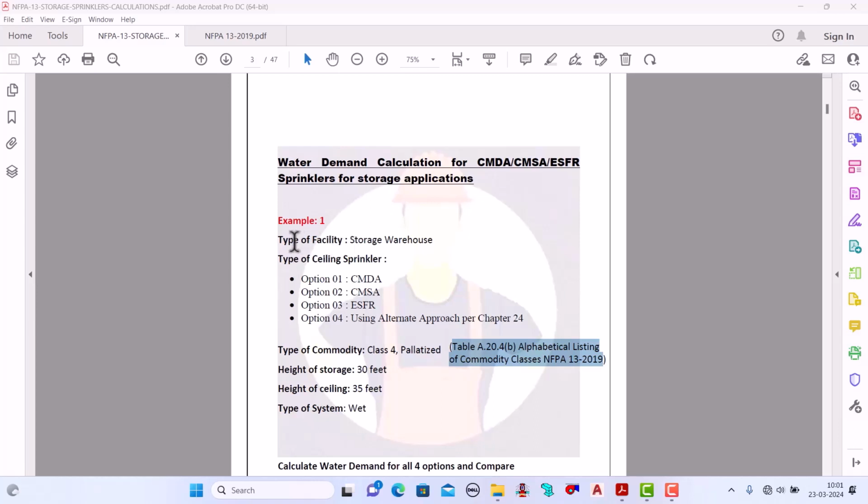We already know that I am going to design a storage warehouse. Second, we have to select which type of sprinkler we are going to install. On that basis only we can do all the hydraulic calculation and design calculation. So we know that we are going to design the storage warehouse.